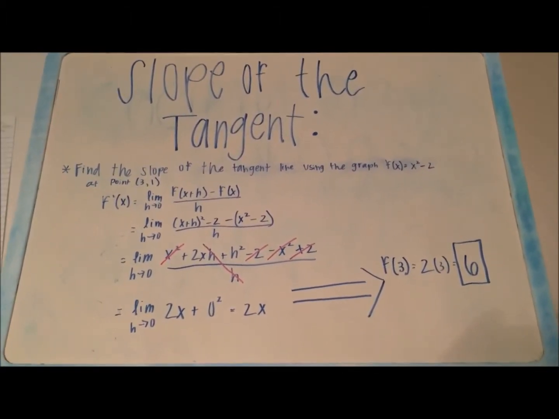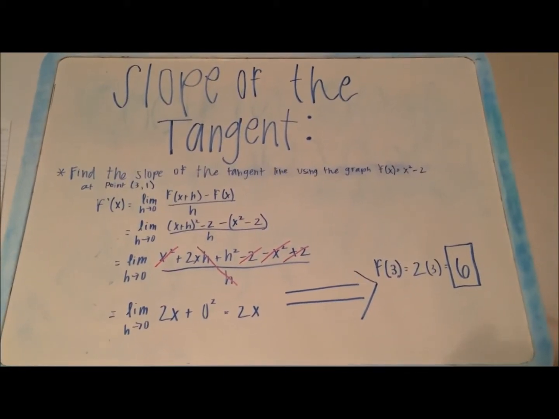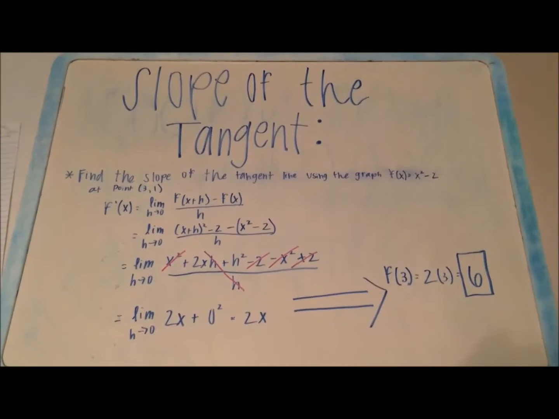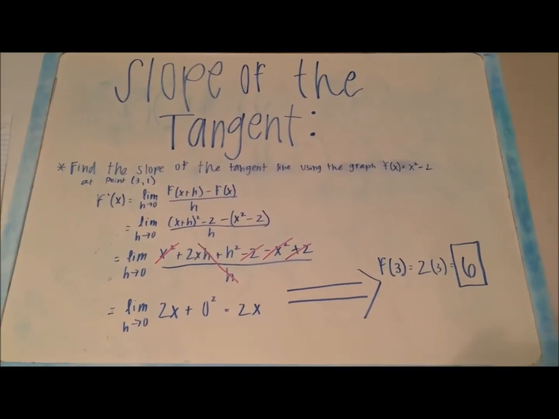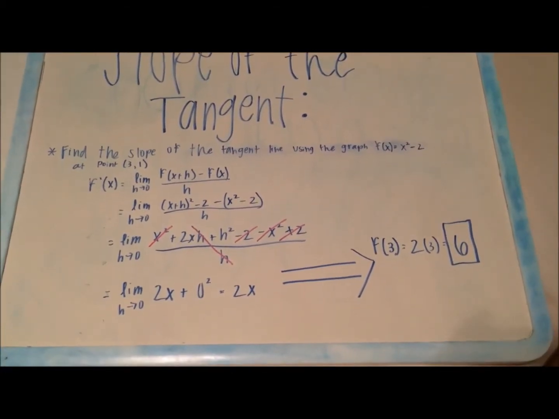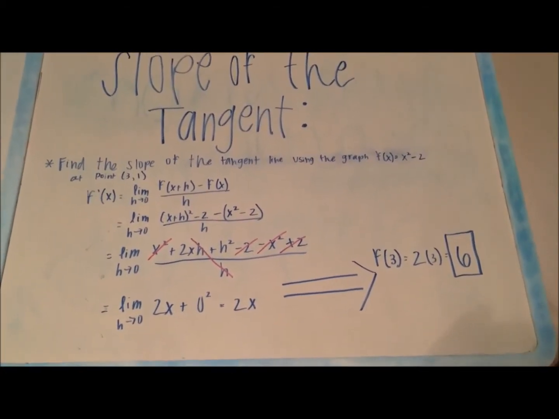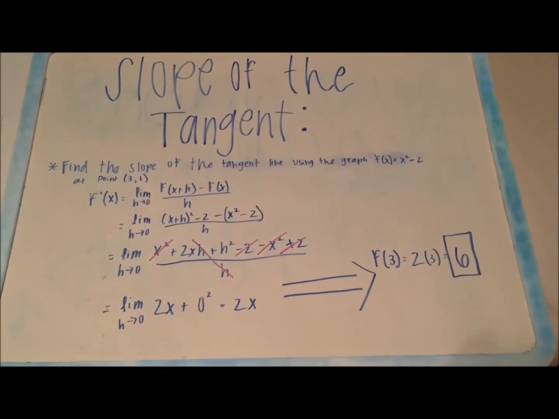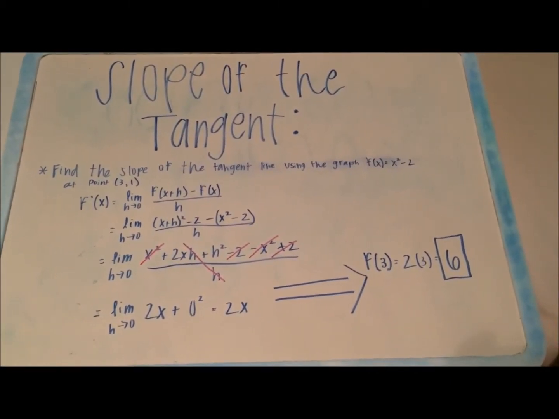So the x squared and my negative x squared cancel out. The negative 2 and the positive 2 cancel out. And then the h on the bottom and one of the h's on the top can cancel out, leaving you with 2x plus h. So go ahead and evaluate the limit. Plug in 0 for h, and you end up getting 2x as your function.